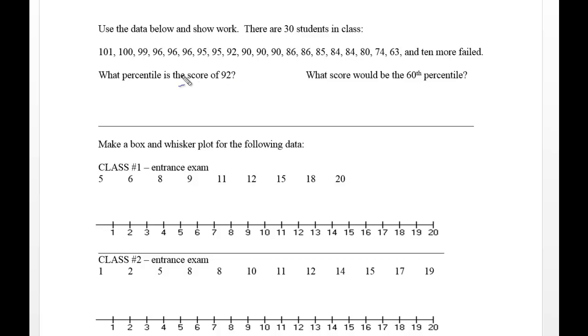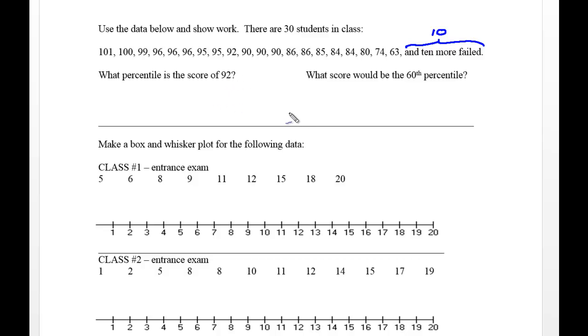So let's take a look at the first part here, where we're talking about 30 students in this class, and the students are ranked from high to low. There are 20 individual data points, and then this is 10 people right here, and these 10 people earned below a 60%. And so what we're going to do here is try to find out what percentile are you in the class if you got a score of 92%.